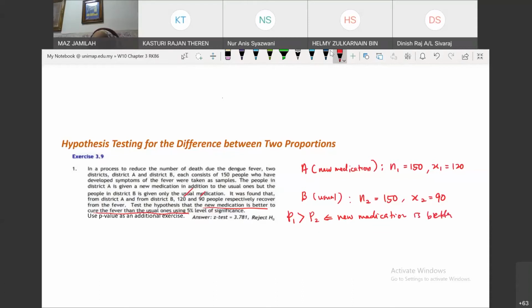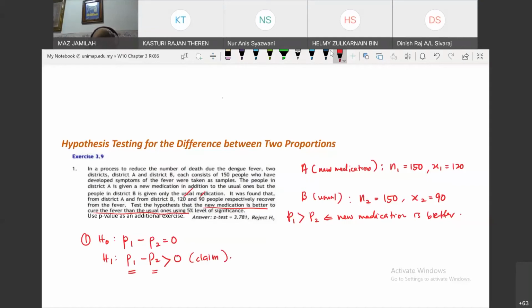So the first step, your null statement will be P1 minus P2 is equal to 0. Then the alternative would be P1 minus P2 is greater than 0, since we need to prove that the proportion for the new medication is better than the usual medication. So this is your claim.